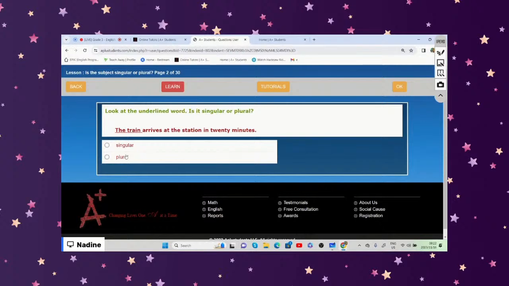All right, so we can say the train is singular. It refers to one train.